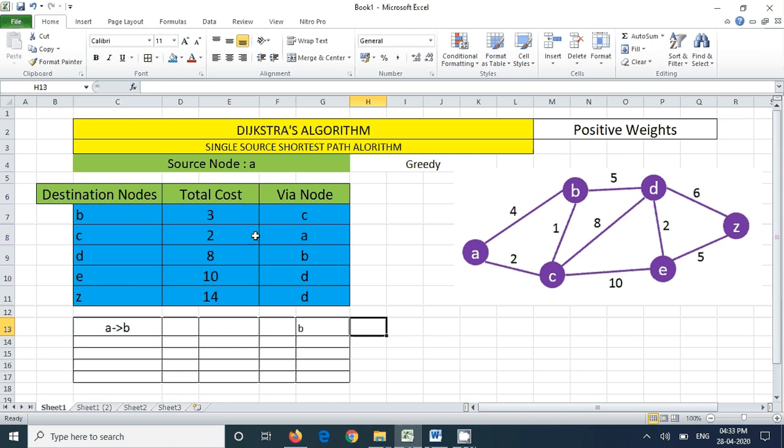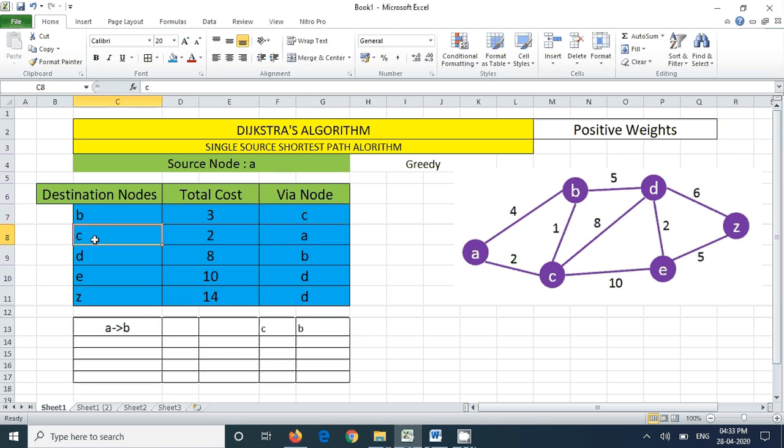Total cost is 3. B can be reached via C. So first go to C. That means then you have to go to C.